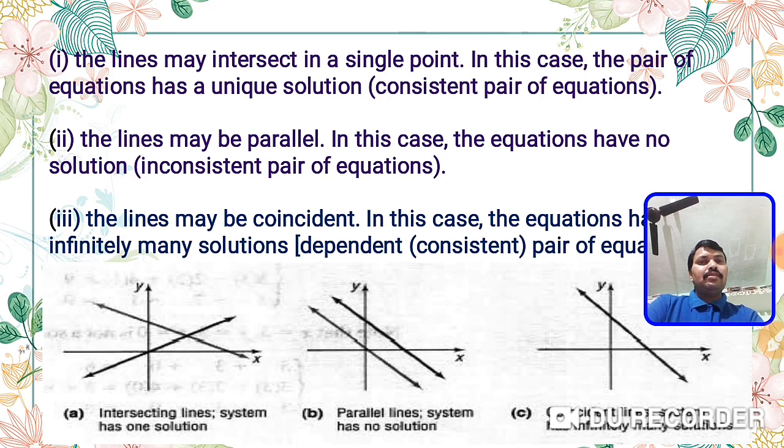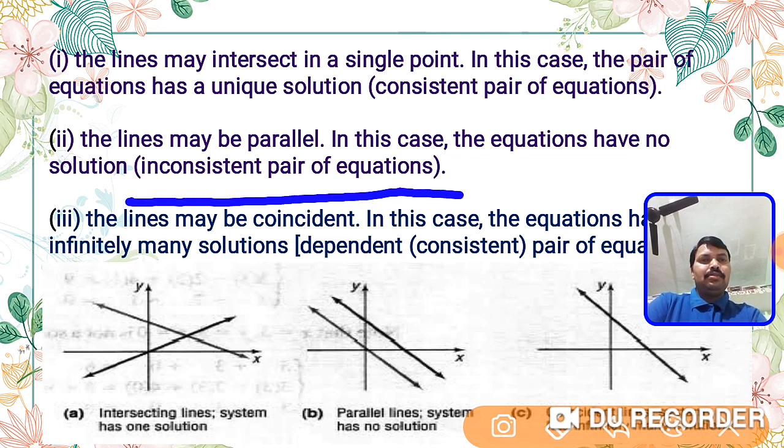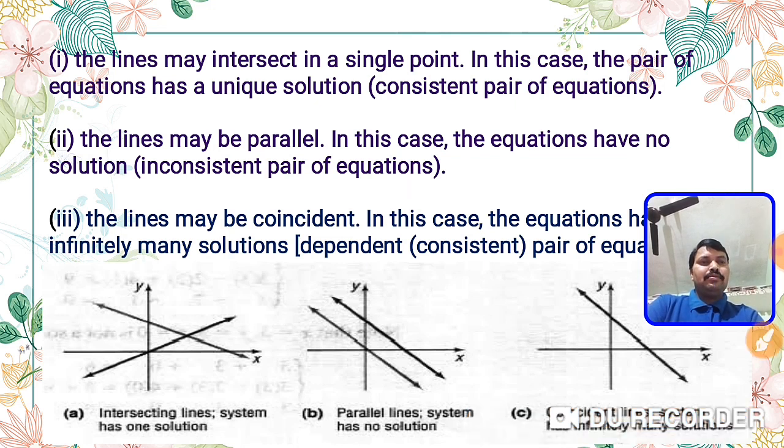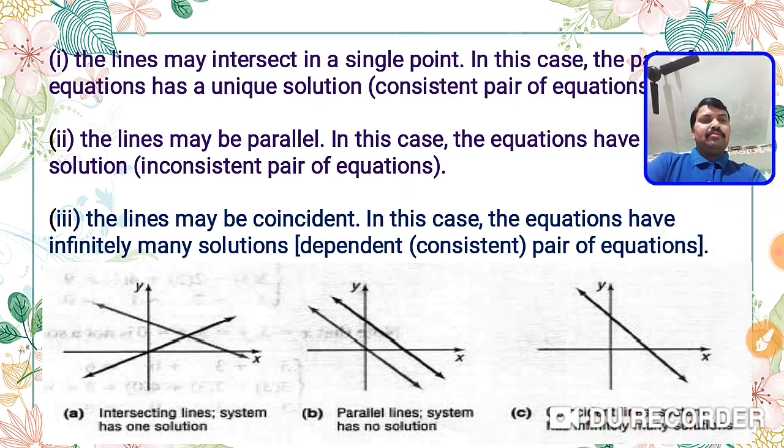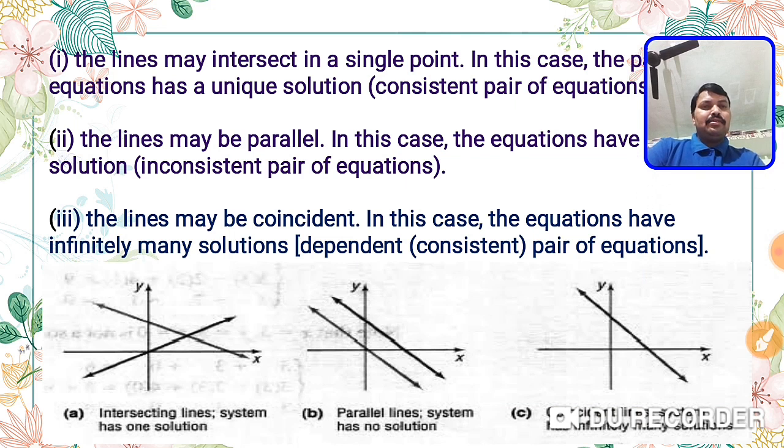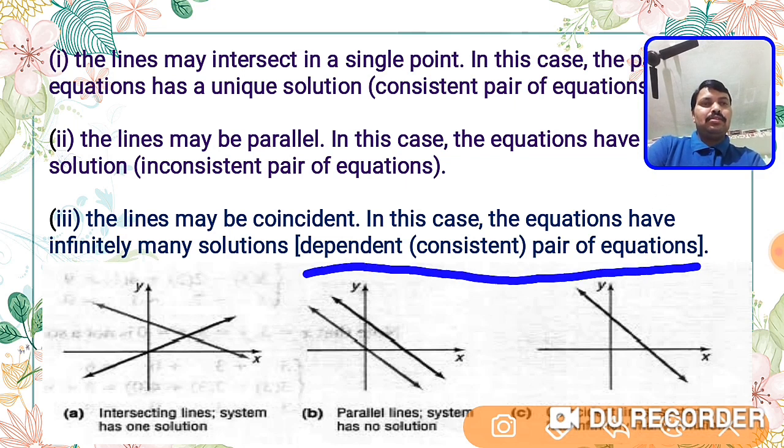In this case, the pair of equations has no solution and the pair is called an inconsistent pair of equations. And the third one is the lines may be coincident. In this case, the equations have infinitely many solutions and the pair is called a dependent or consistent pair of equations.